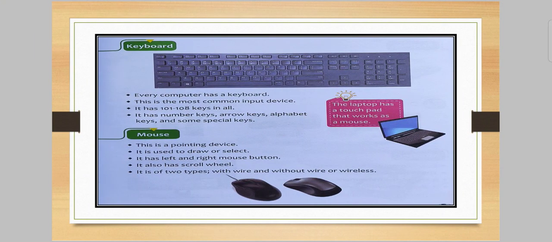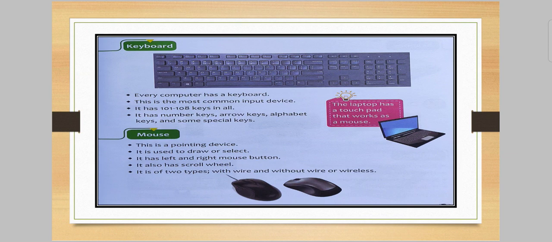Here you can see the image of a keyboard. The keyboard is an input device. Every computer has a keyboard. We all know that every computer and laptop has a keyboard. This is the most common input device.